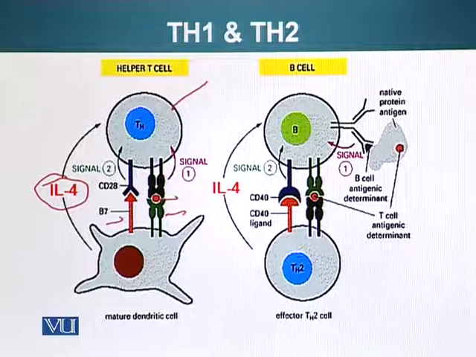So after this T cell has been activated, it will encounter B cells. Now in our lymphoid organs, there are a lot of different B cells displaying many different antibodies. We have talked about antibody diversity.